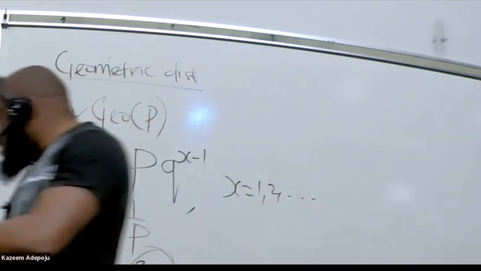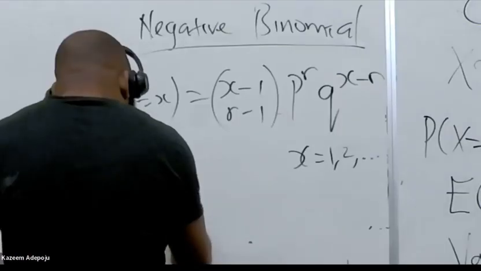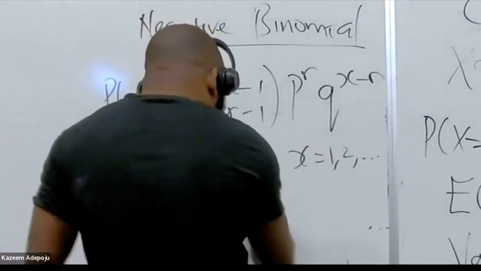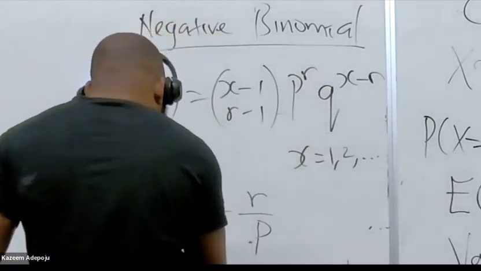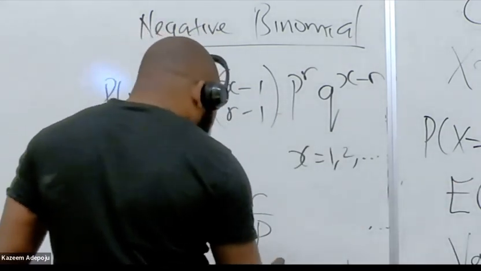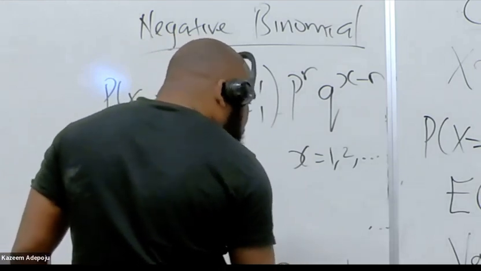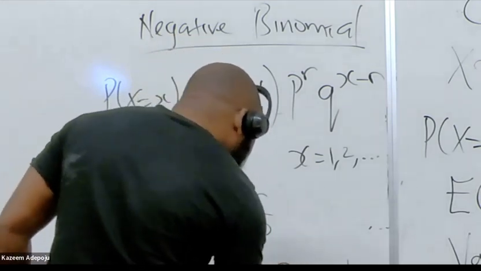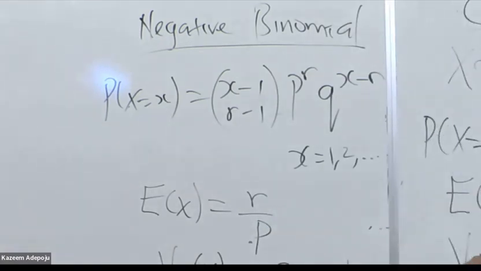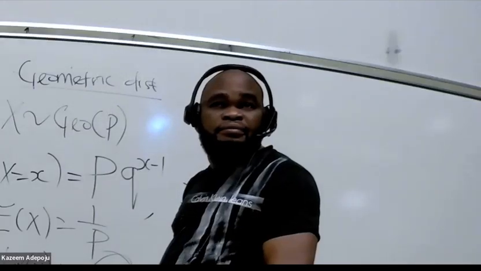So the expected value of x here is just going to be the generalization of that, and the variance of x is just going to be r. You see that, right? If I plug in r equal to 1 here, I'm actually going to get the mean and variance of the geometric. Any question?